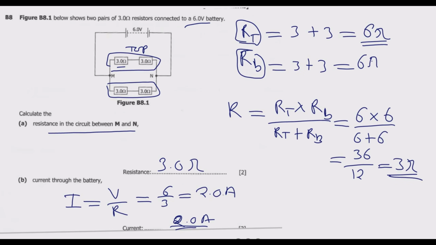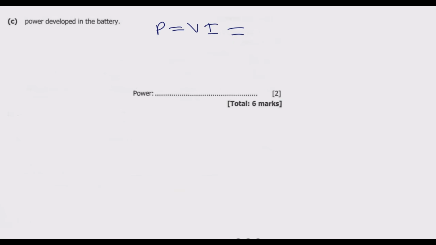Then we found the current to be 2 amps. So you have to make sure to find the current correctly. If you mess up on the current, then you mess up everything. Multiply by 2, so we're going to end up with 12 watts as our answer. So basically this is how you get the 6 marks on this question.